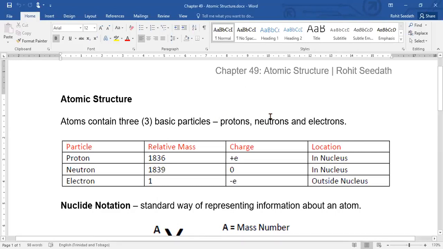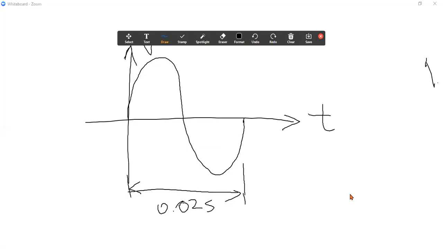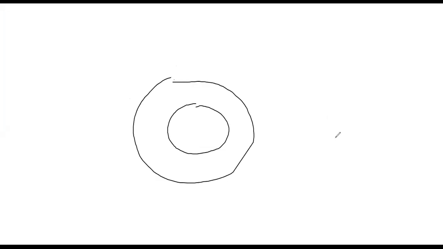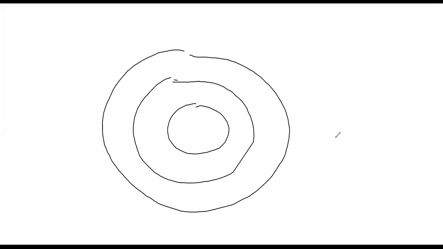So atomic structure. Atoms consist of three basic particles: protons, neutrons, and electrons. Most of you would have known about this before. When you did science, in your atomic structure, in the center you would have something called a nucleus, and then around it you would have orbits, to which you would have the electrons.